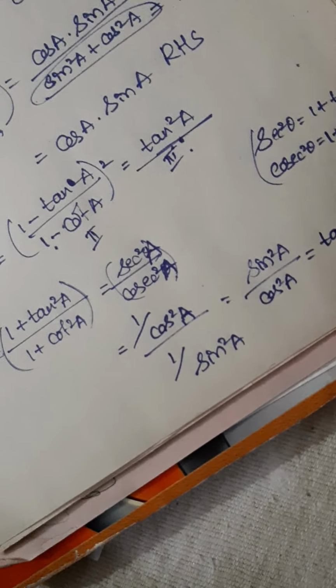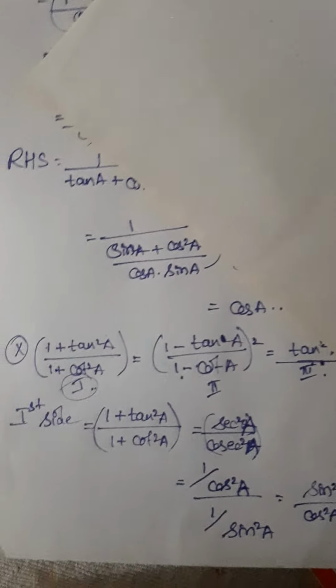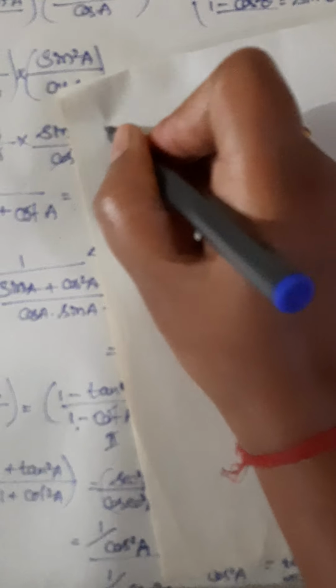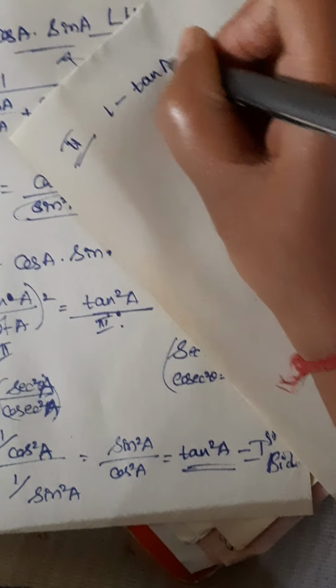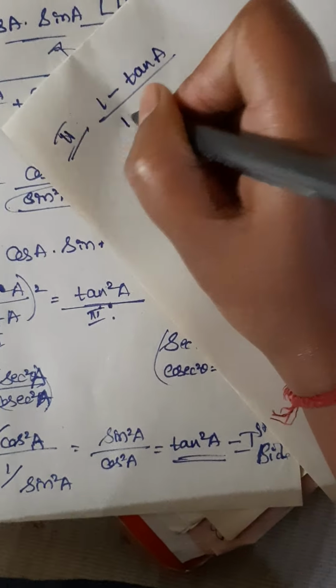Now let's continue the same thing with the second part of this one. Second part, what is there? This one: (1 − tan A)/(1 − cot A) whole square.